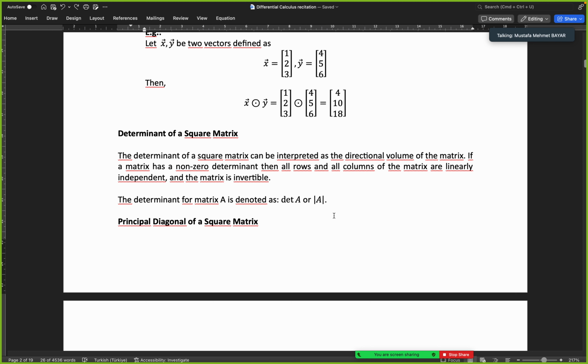So the determinant is denoted by det A or absolute A for matrices. And it is, let me say, the directional volume of a matrix. So this is a weird term, directional volume. If you're into linear algebra, you can just ask me later on what that means.